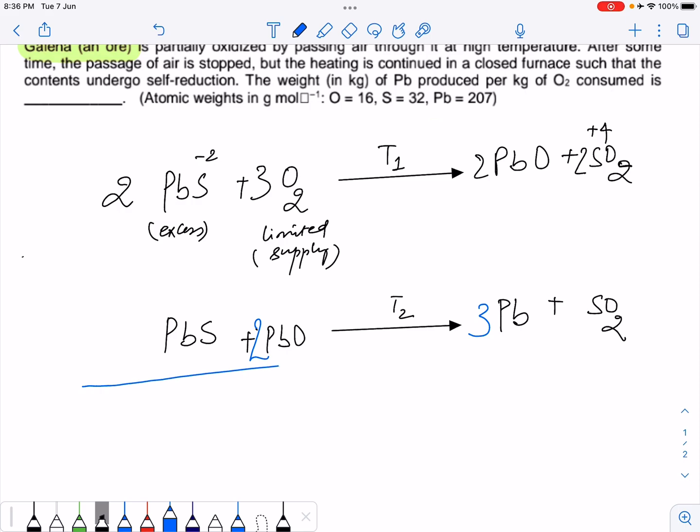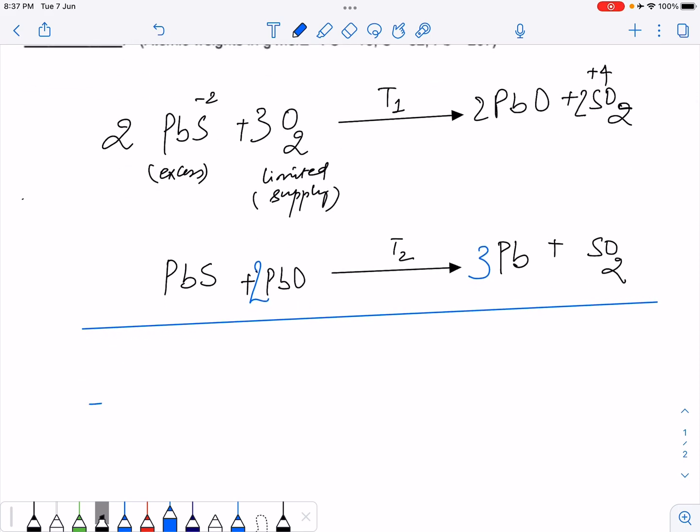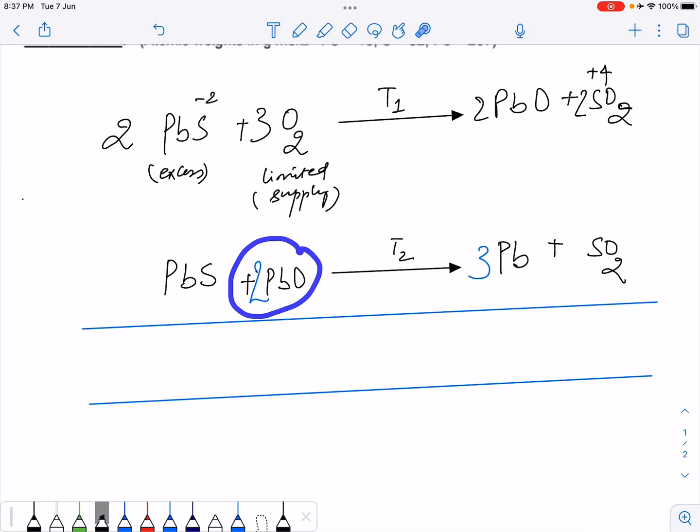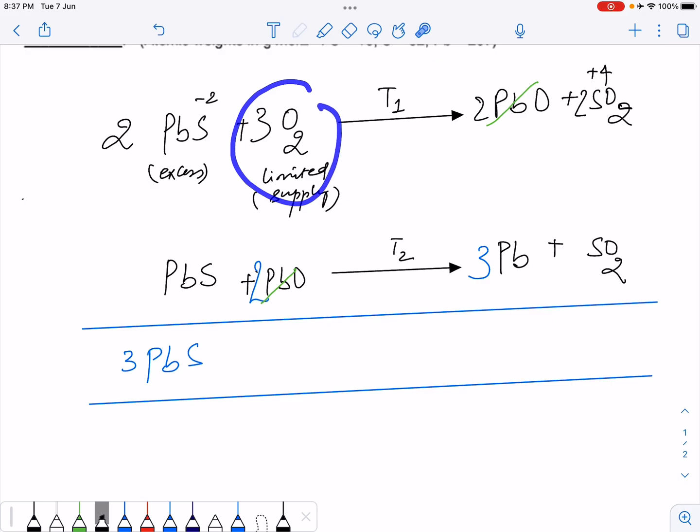We should add these 2 equations in order to get the exact answer. Let's add these equations. There is PbO on the left hand side and PbO on the right hand side, and both are 2, so they will get cancelled. We end up with 2 PbS plus 1 PbS, that is 3 PbS on the left hand side, then 3 oxygen.